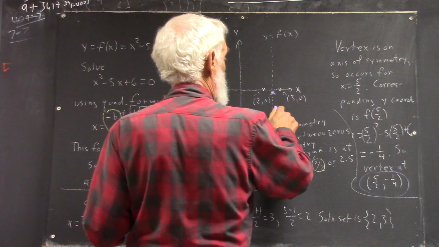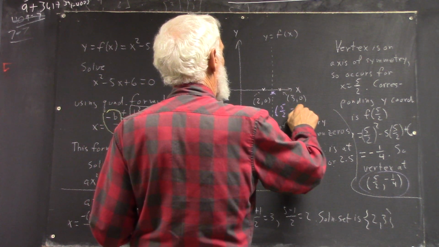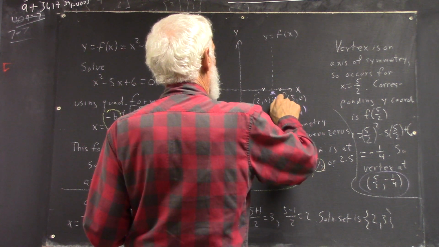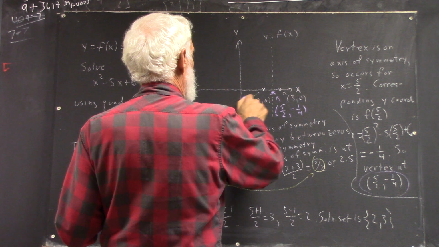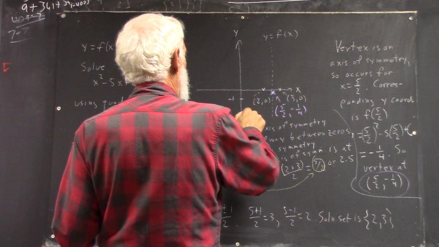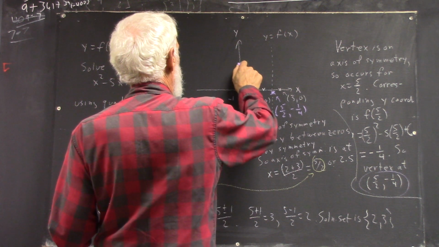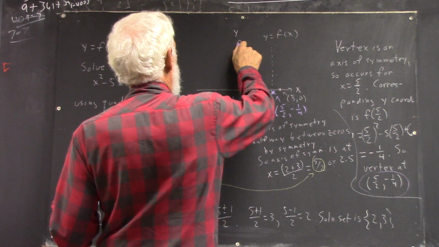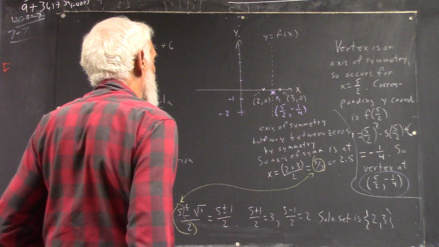Okay, so that's 5/2, negative 1/4. And if this is negative 1/4, then negative 1 would be about here. Negative 2 would be about here. 1, 2, 3, 4, 5, 6, 7, 8, maybe there.